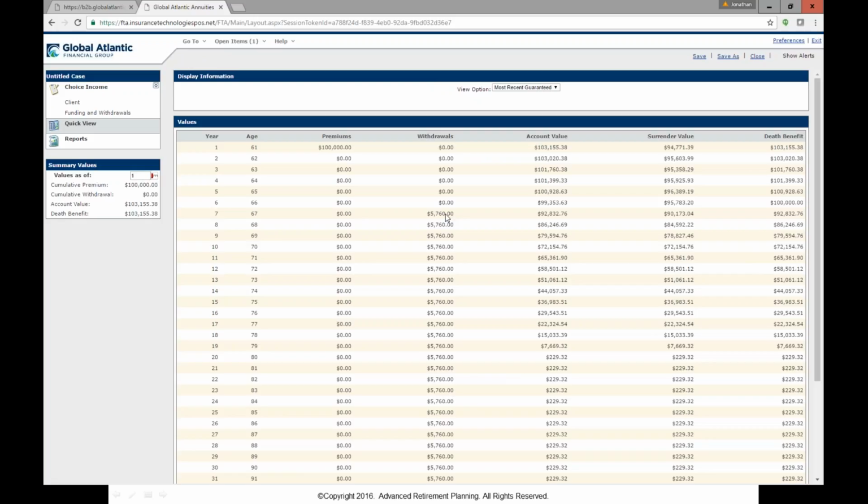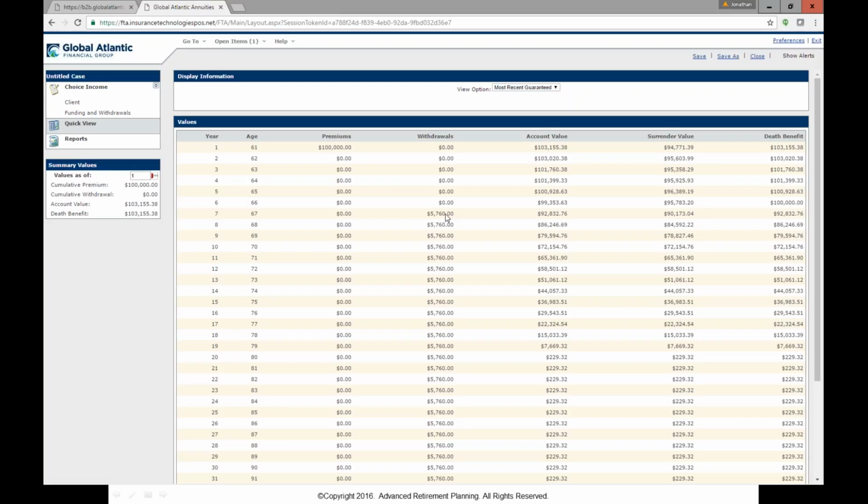Why? Because now it's based on a 55-year-old and joint. And so anytime we go with a joint income benefit, that amount of income is going to be decreased. We're going to use a lower income benefit factor, and it's going to correspond to the youngest person. So that's the other thing we have to look at when we're doing these things, is do we want to use joint life or single life?